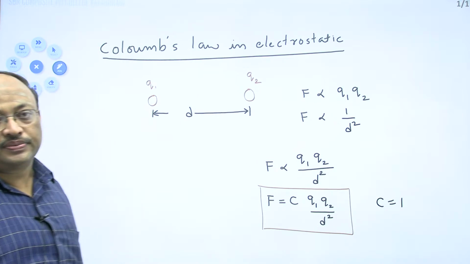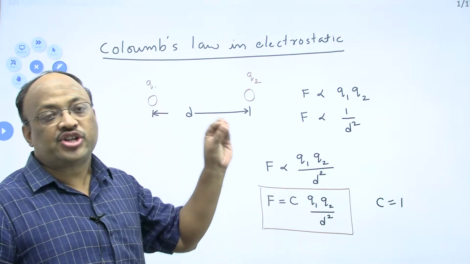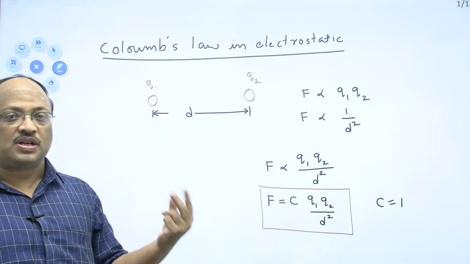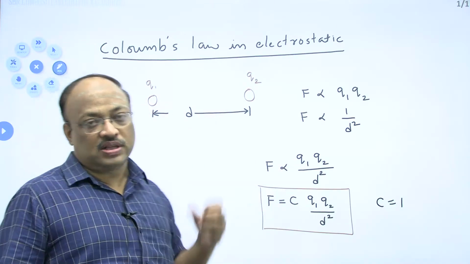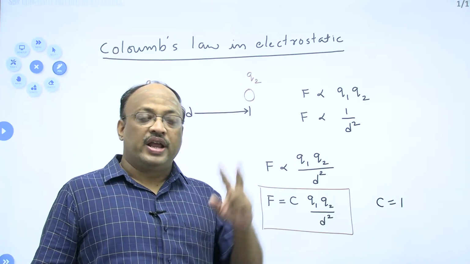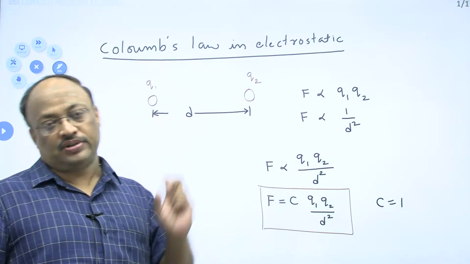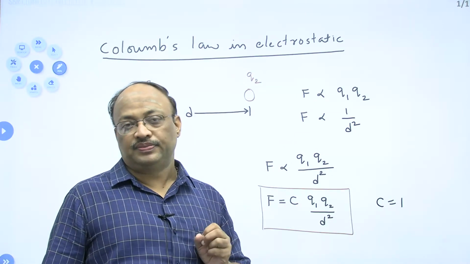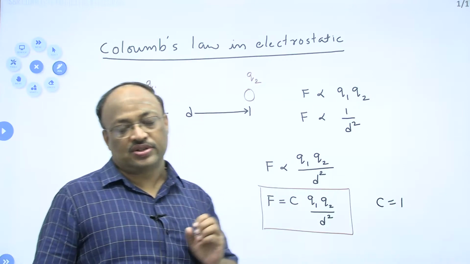The CGS unit of charge is the stat coulomb. In fact, there also we have two types. Whenever we discuss electrostatics, we have the electrostatic unit and the electromagnetic unit, ESU and EMU in CGS.